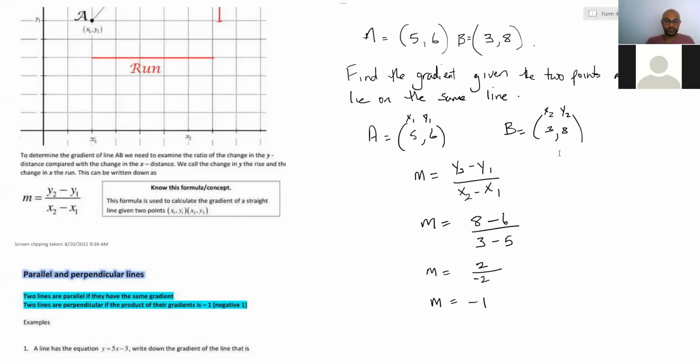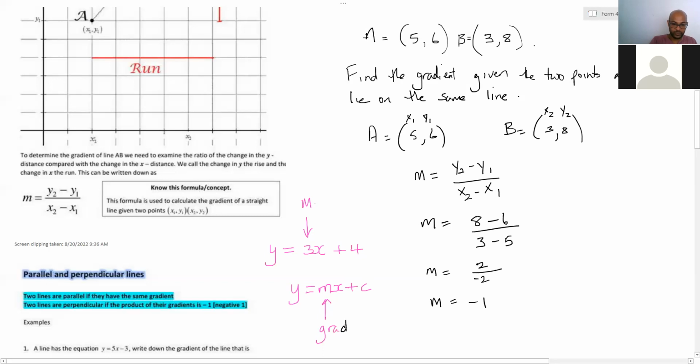The other way we can look at the gradient is if we are given the equation of the line. Let's say we're given the equation of the line in this particular format. The coefficient of x is always your gradient. This is the general form of a straight line: y is equal to mx plus c, where m is your gradient.